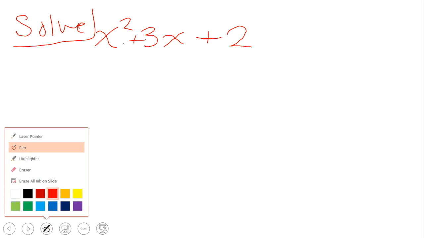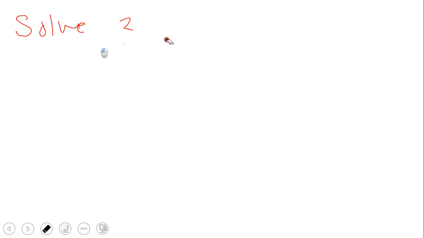Rewrite this. Trying to think of a problem off the top of my head. I gotta make sure it's gonna work right ahead of time without getting too complicated. So I got x squared plus 3x plus 2. Let me double check this.